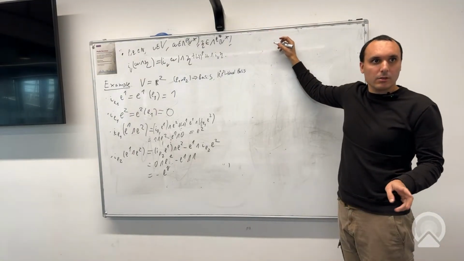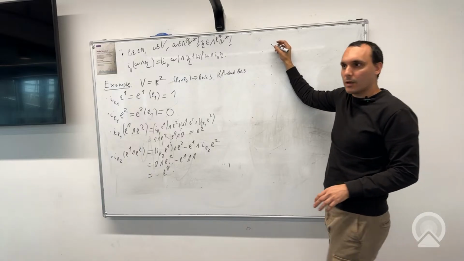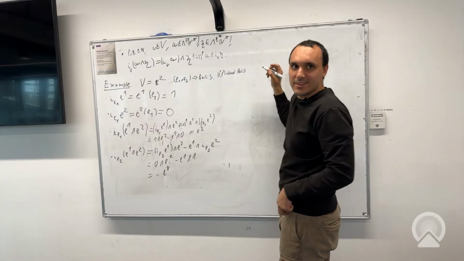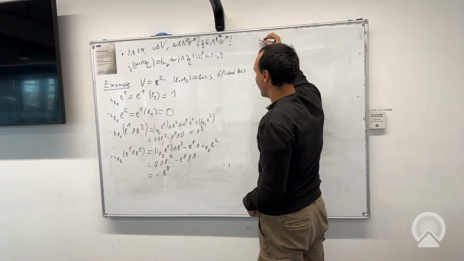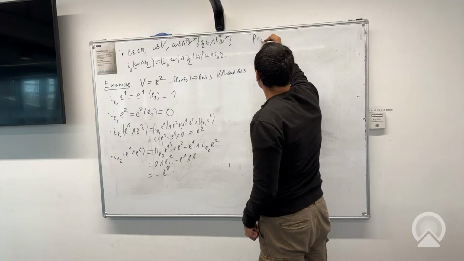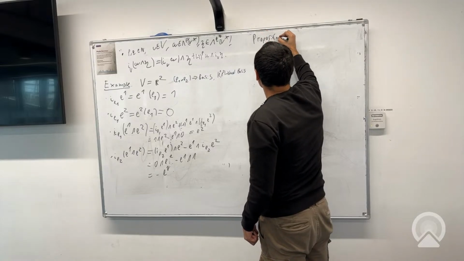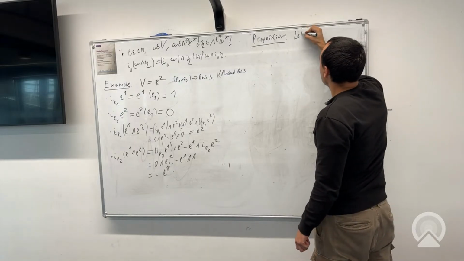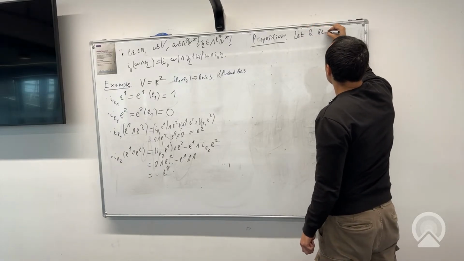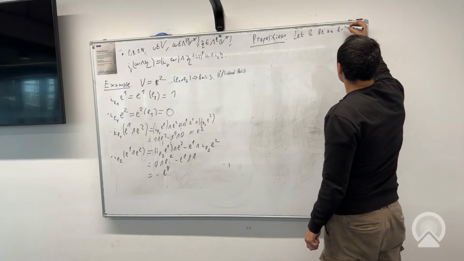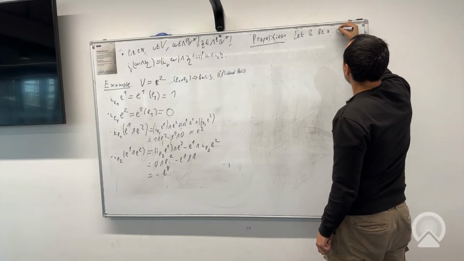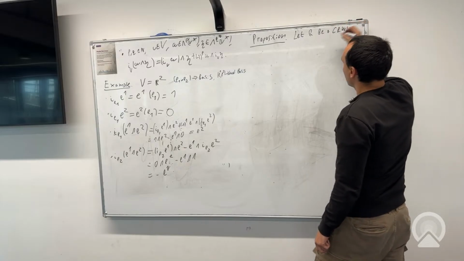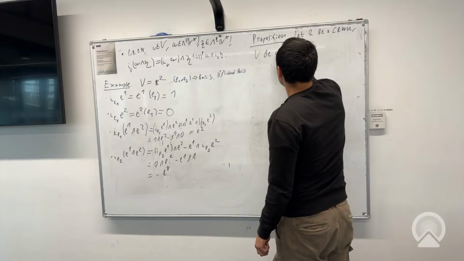I just want to state two things and finish. I hope nobody evicts us. So consider R module, commutative ring with unity, VB on R module.